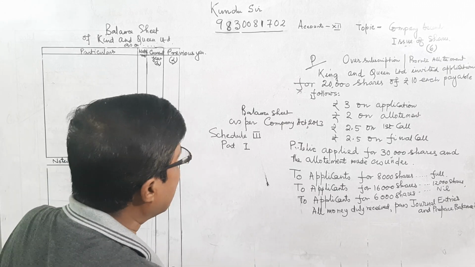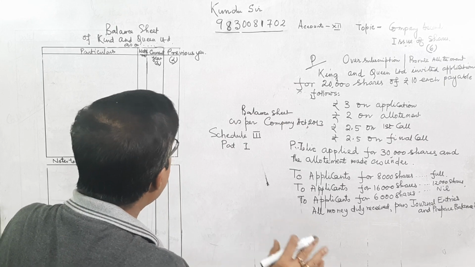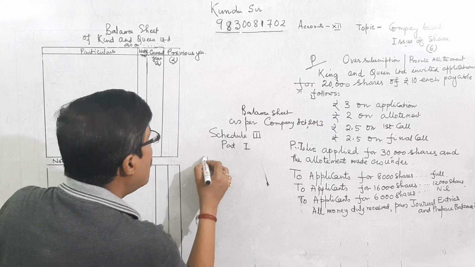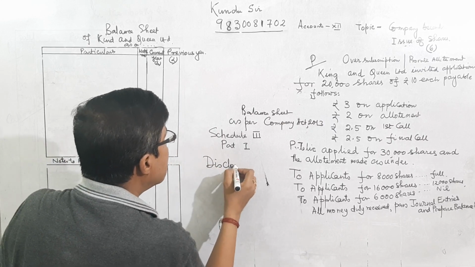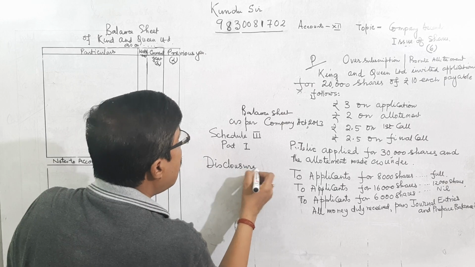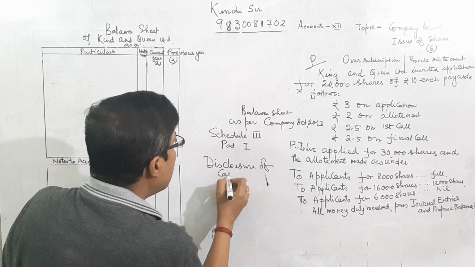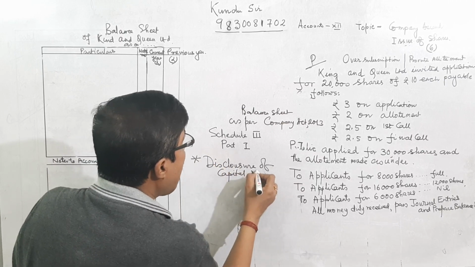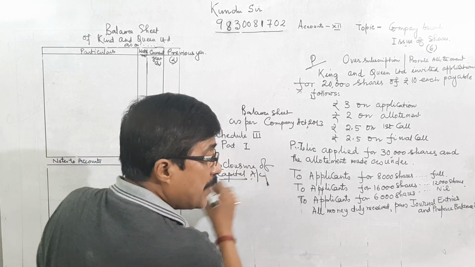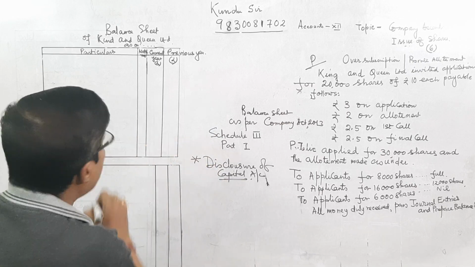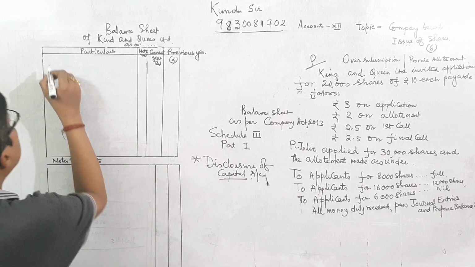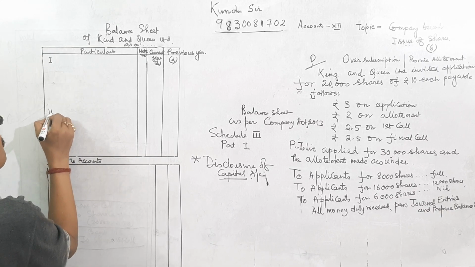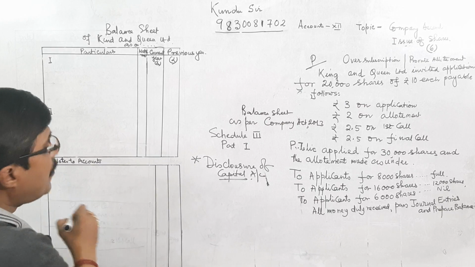Most important thing is disclosure of capital, of capital account. First, in the particulars, we should write 1. What is 1?